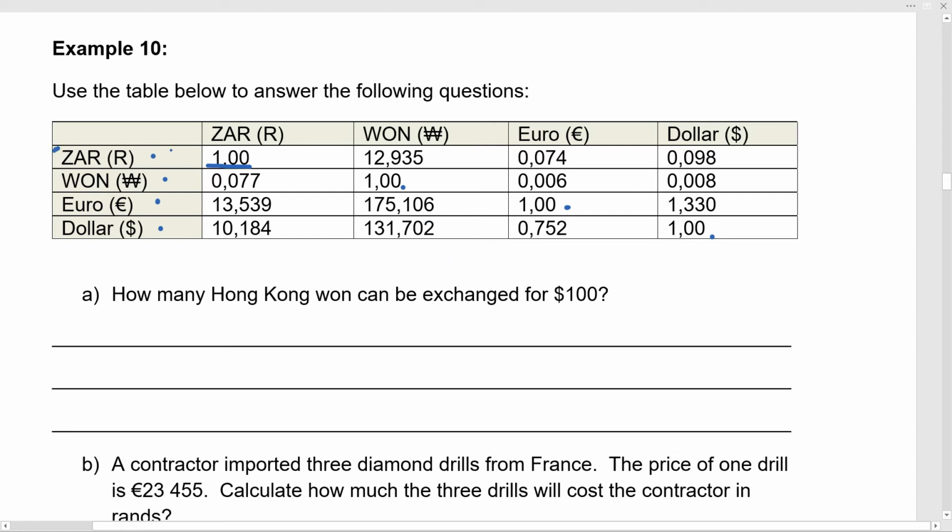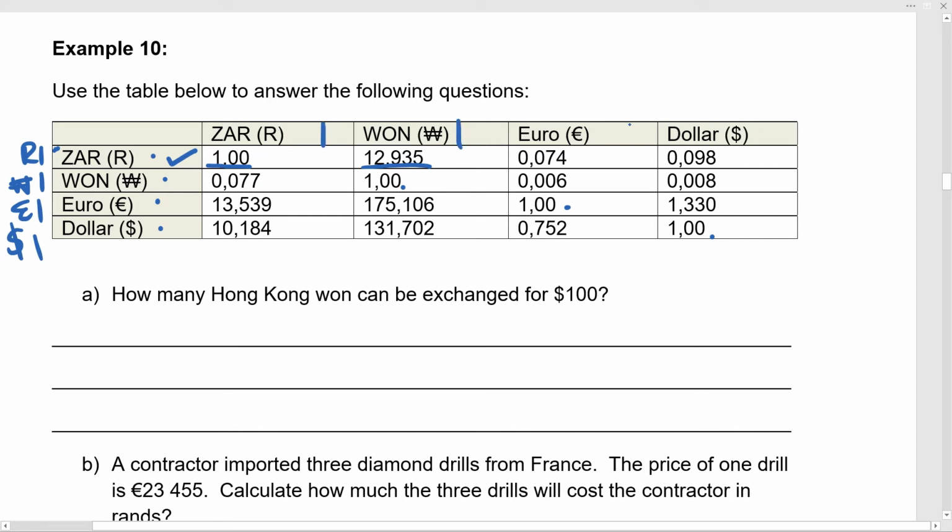What this means here is I've got 1 South African rand, and that's going to give me 12.9351 for every 1 rand. So this is 1 rand, and 1 won, and 1 euro, and $1.